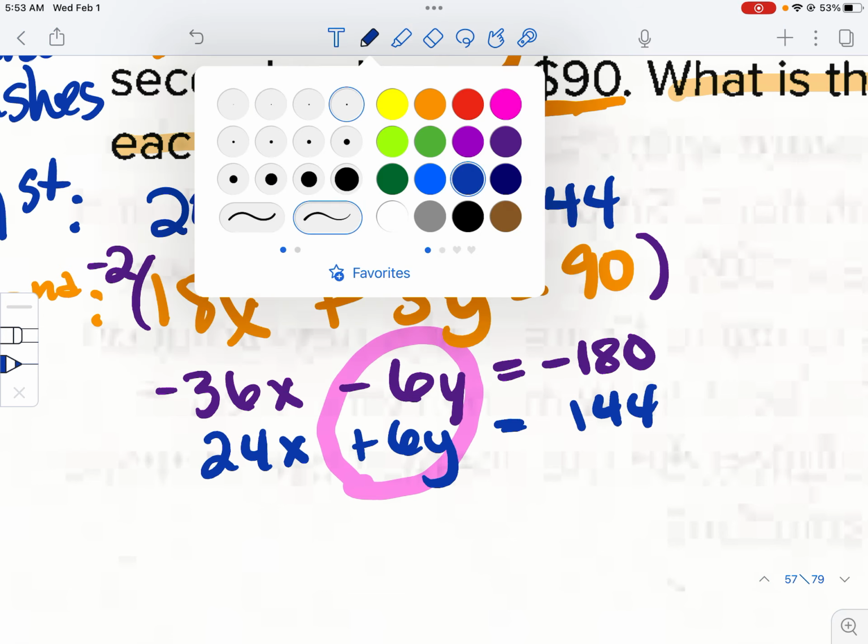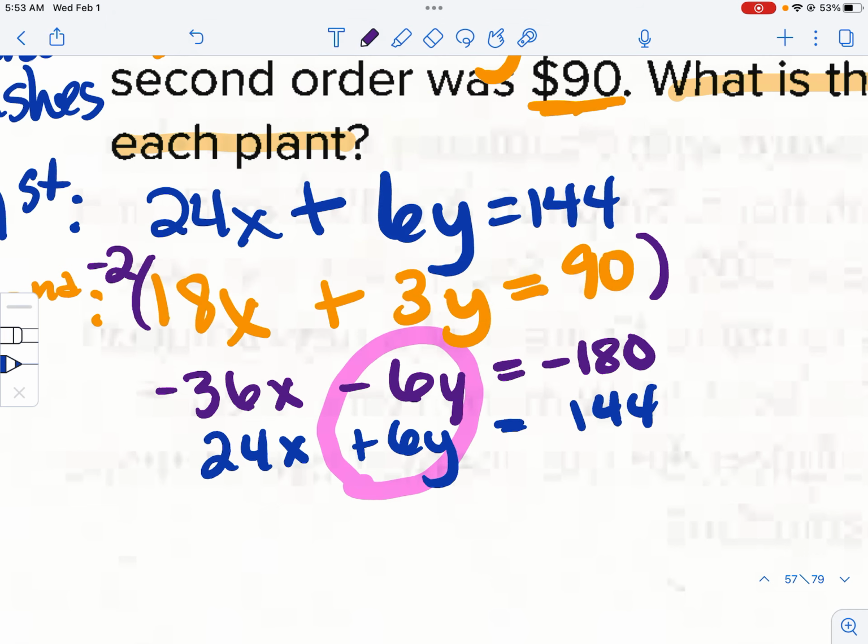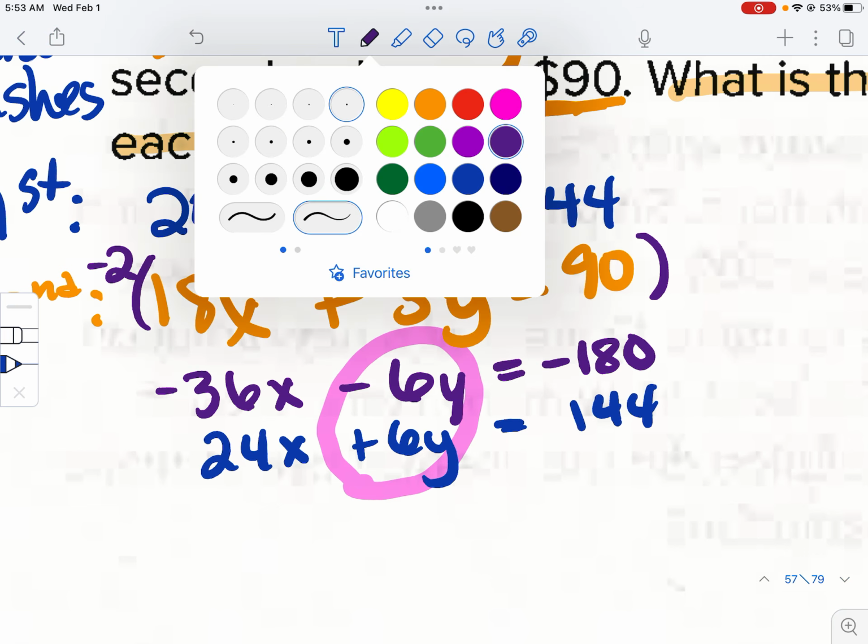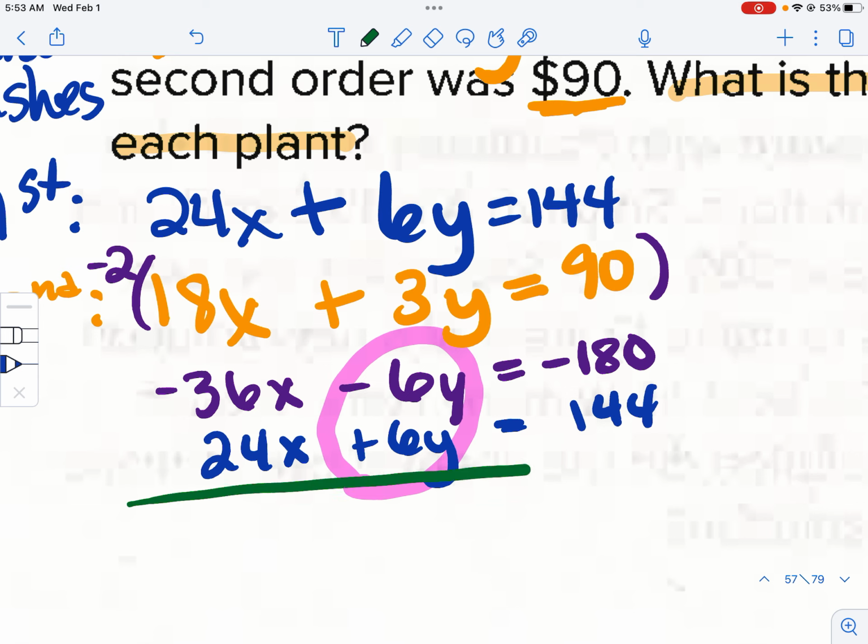So I'm going to come down over here and I'm going to use a different color. And I'm going to add straight down. When I add straight down, -36x plus 24x is going to get me -12x. That turned to 0, so then I'm going to come over here. It's negative. That's going to be 6 because I borrowed this.